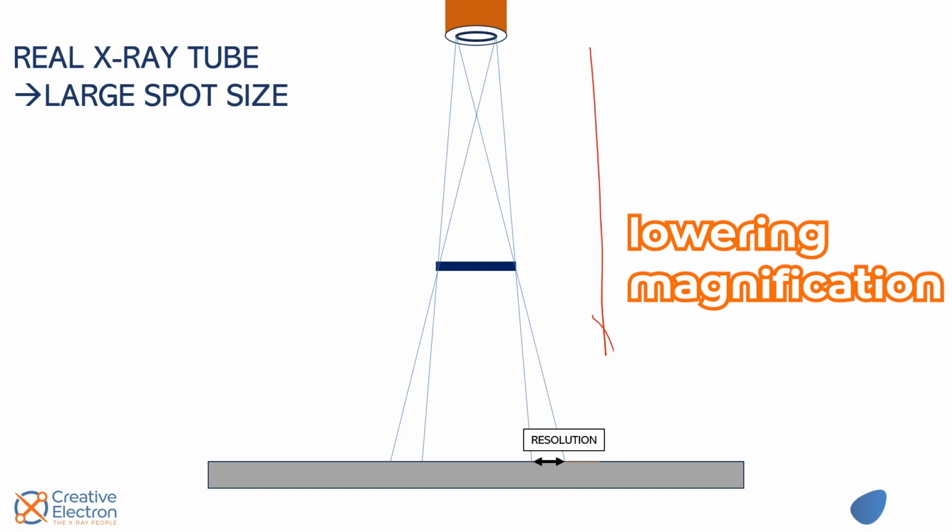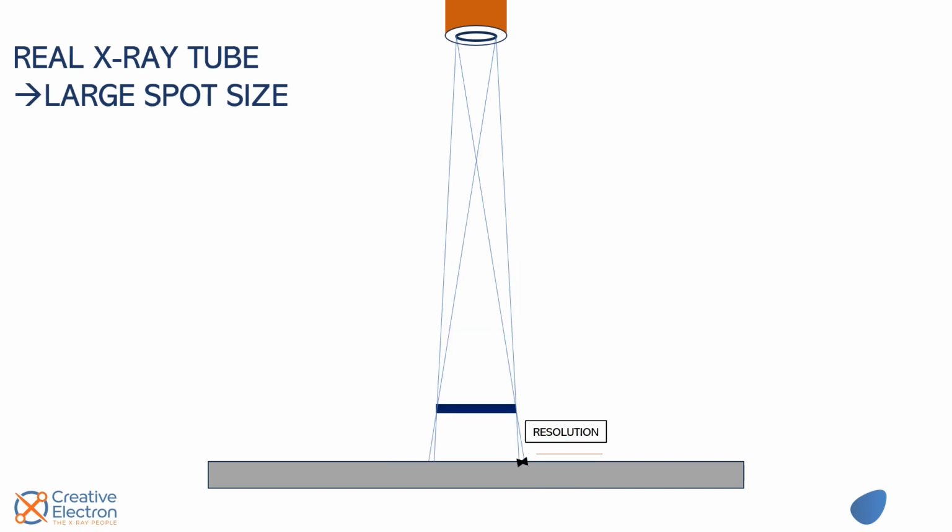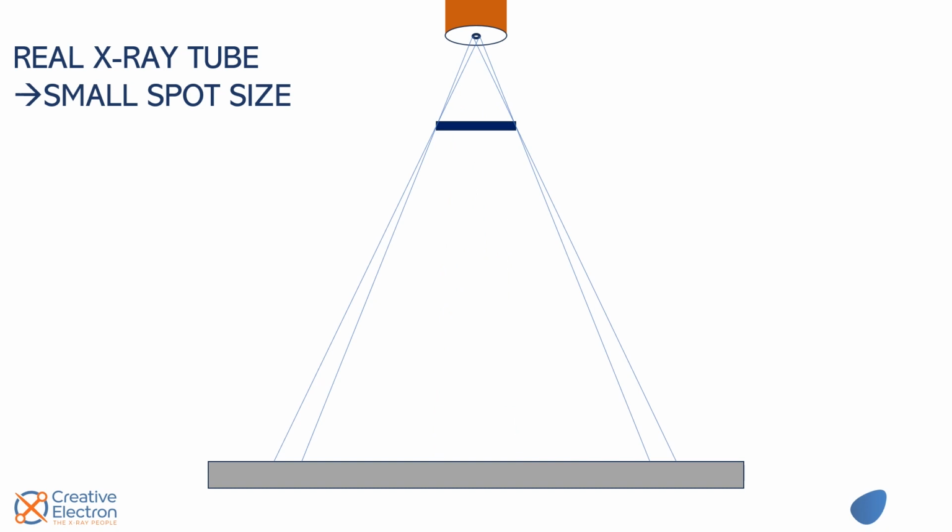By lowering my magnification, as you can see, that resolution number gets smaller, smaller, smaller, right? So as you bring the sample closer to the detector, that resolution number is going to get smaller. Pretty cool.